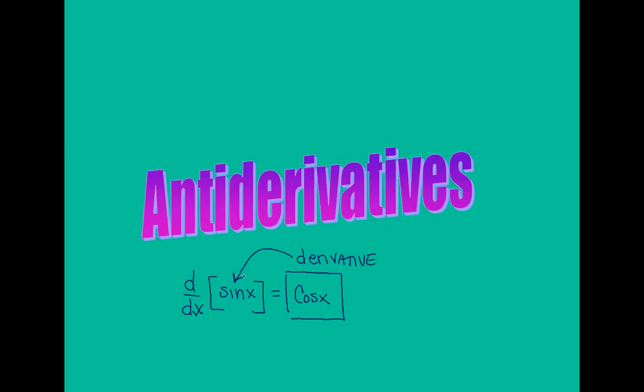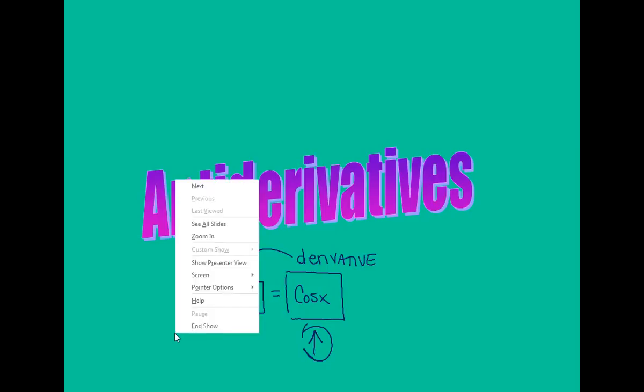So it's just the reversing process of finding a derivative. We're going to have some function. If we took the derivative of some function, it would give us this. And so what would the antiderivative of cosine be? Well, the antiderivative would be sine. So that's the idea behind an antiderivative.